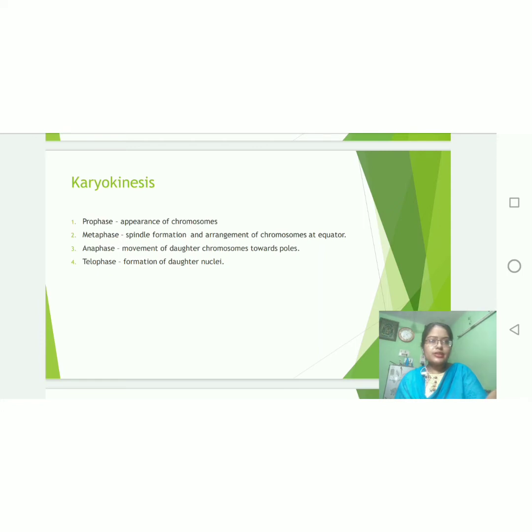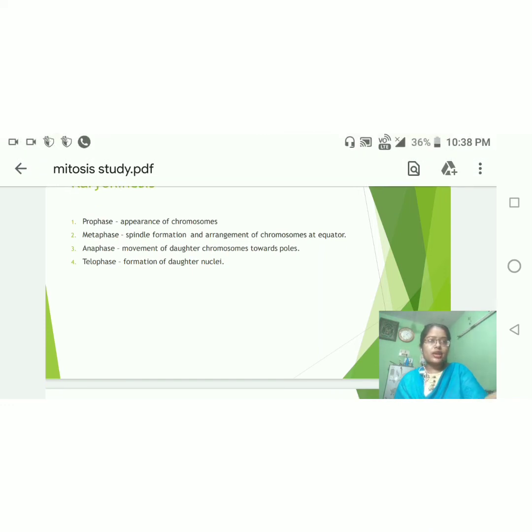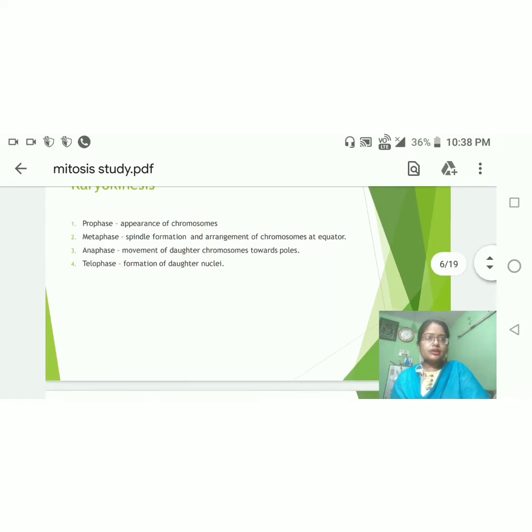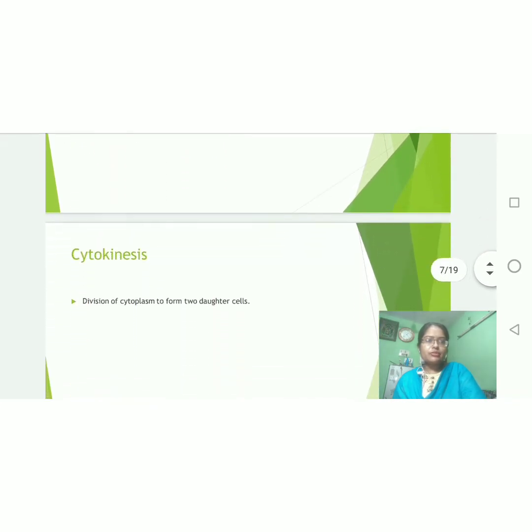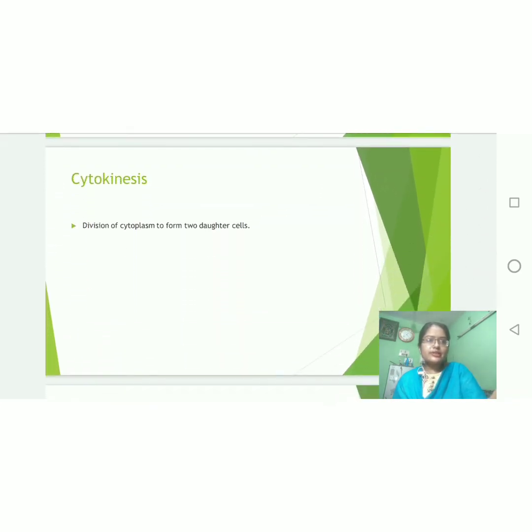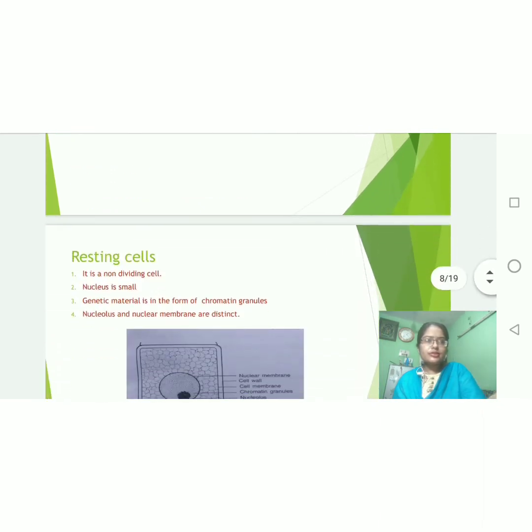In metaphase, these chromosomes are arranged at the equator with the help of spindle fiber formation, so that the chromosomes are attracted towards the two centromeres for nuclear division. In anaphase, the daughter chromosomes move towards the poles, and in telophase, the daughter nuclei are formed, followed by cytokinesis. Cytokinesis is the division of the cytoplasm to form two daughter cells.